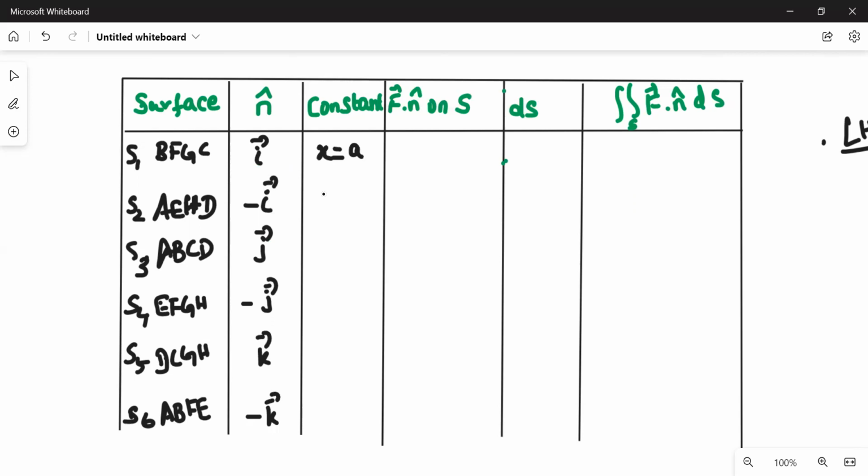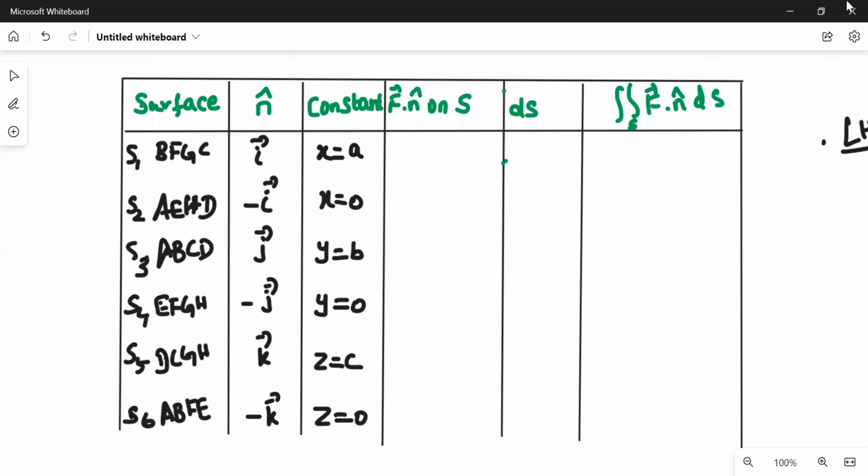The opposite side passes through x is equal to 0. The y-axis surface passes through y is equal to b. Opposite side, y is equal to 0. Z-axis, z is equal to c. Opposite side, z is equal to 0.